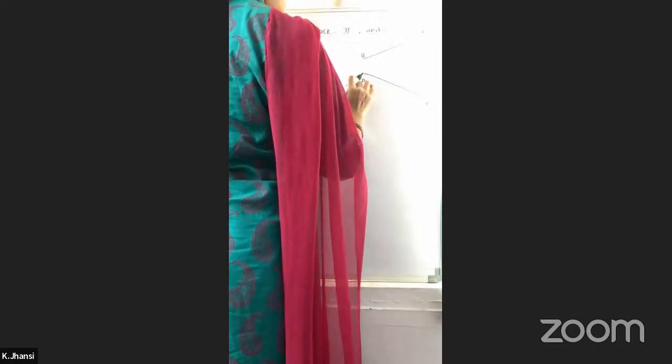They do not intersect each other. This is A, B, one line, and C, D is the second line, and G, H is the shortest line segment.